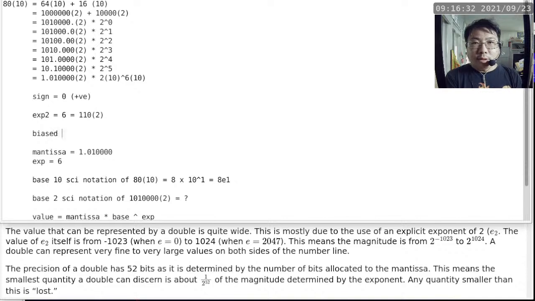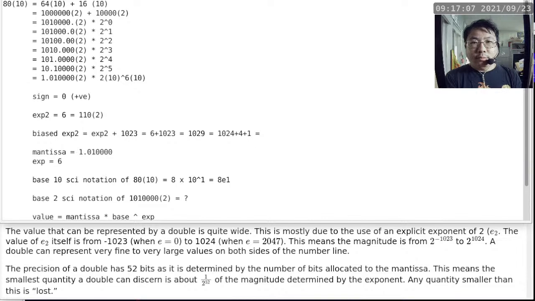So the biased exponent of base 2 is whatever the actual exponent in base 2 is, plus 1023. In this specific case, the biased exponent is going to be 6 plus 1023. Sorry, I wrote the right number and then I said the wrong number. So this is 1029, which is 1024 plus 4 plus 1.